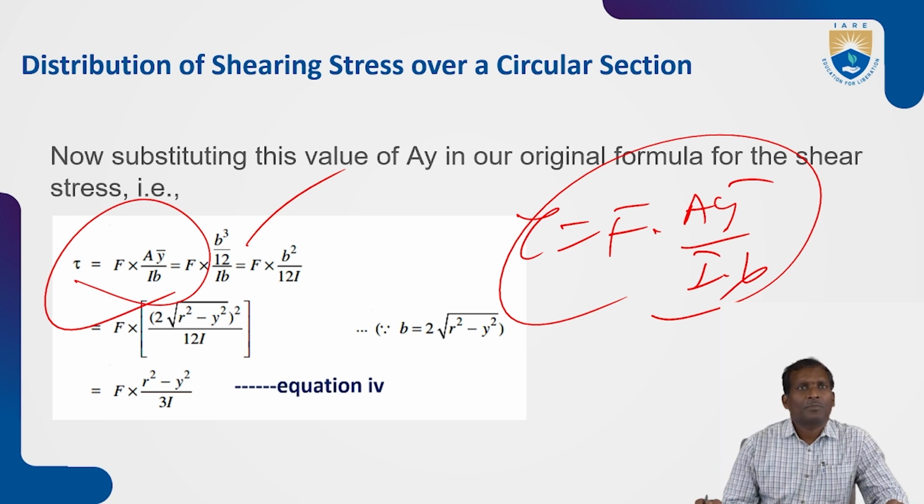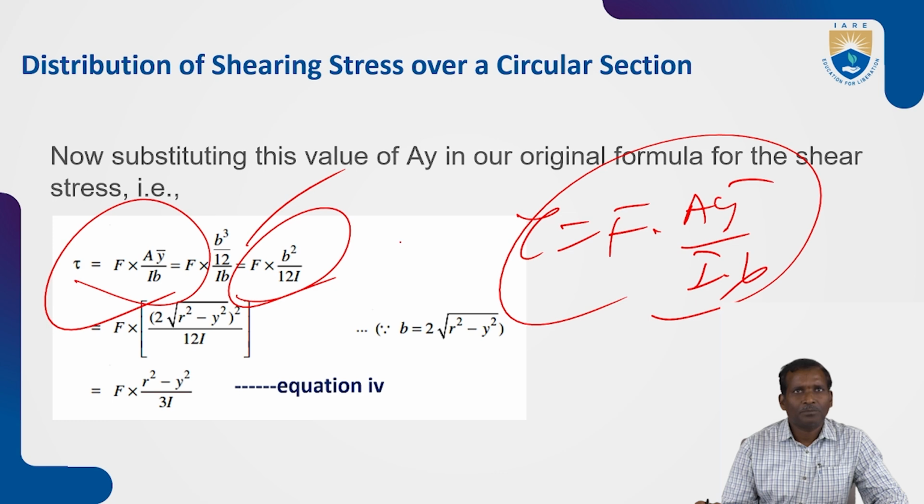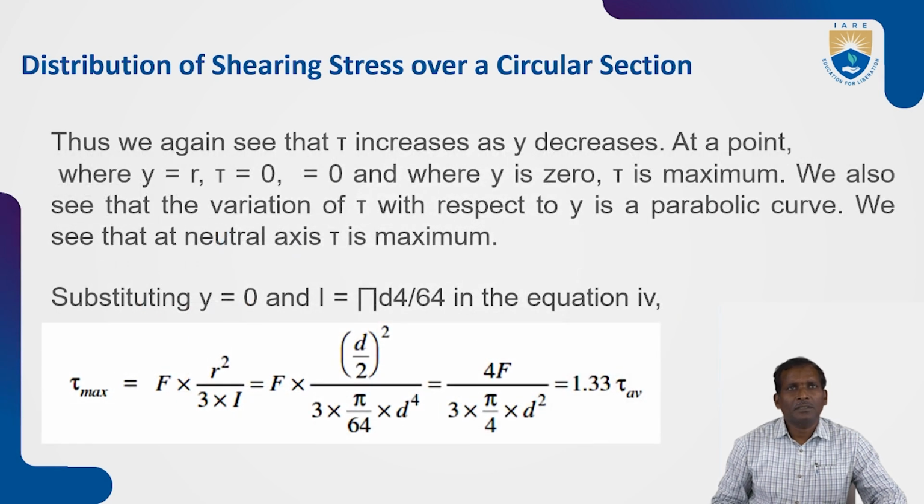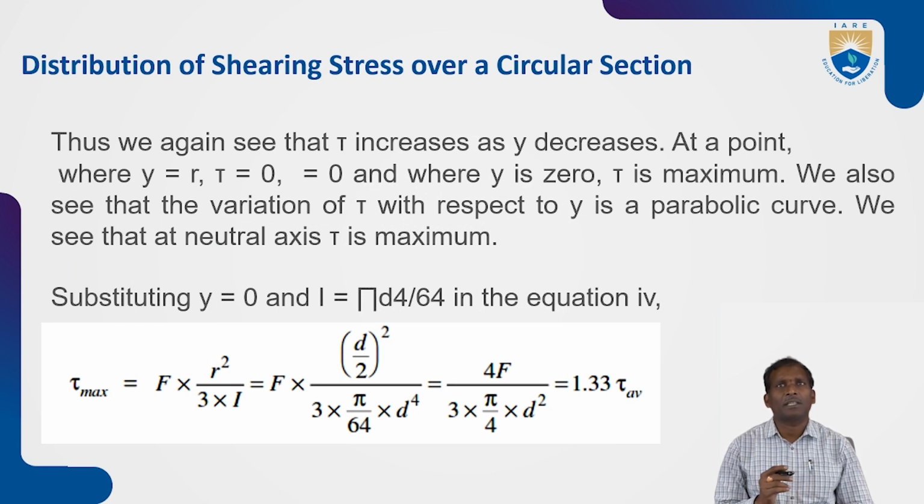F into A y bar by I b simplifies to F into b square by 12, where b is equal to 2 into square root of r square minus y square. So this is equation number 4. Substituting, we get F into r square minus y square by 3I.